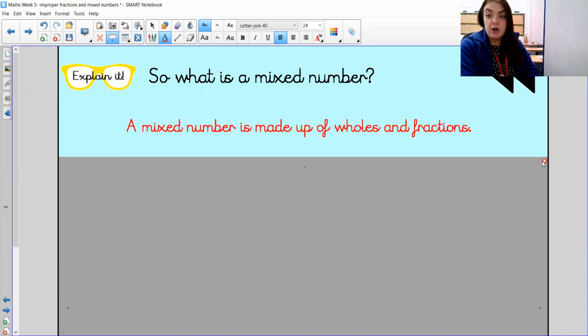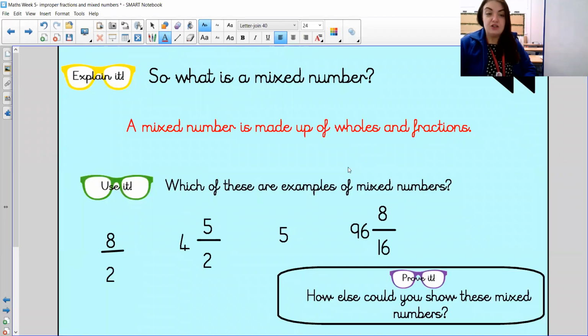Okay, so what I would like you to do is to use that knowledge now and just simply tell me which of those are or is an example of a mixed number. Okay, which of those are a mixed number and how do you know? Nice and easy peasy. An extra prove it if you think, yep, I've smashed this.